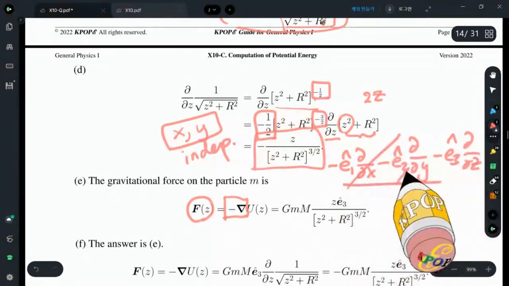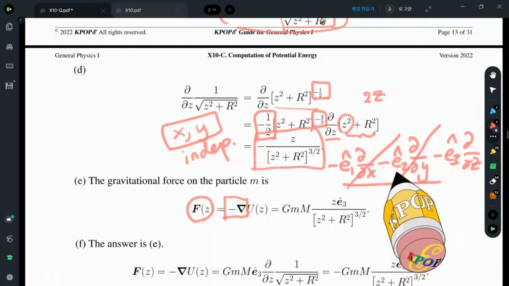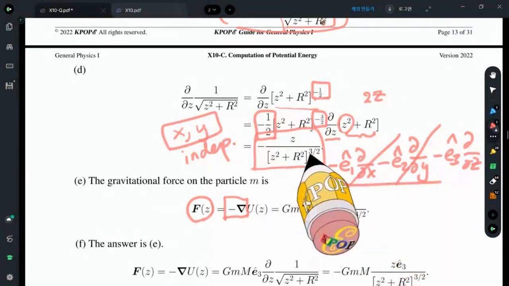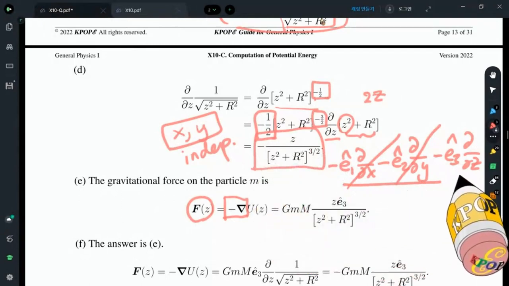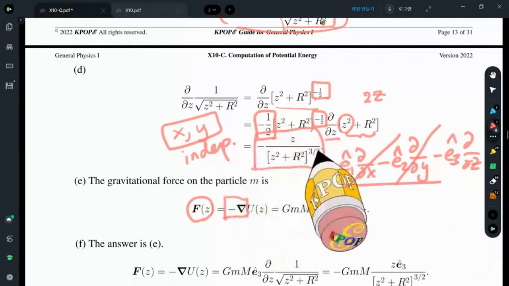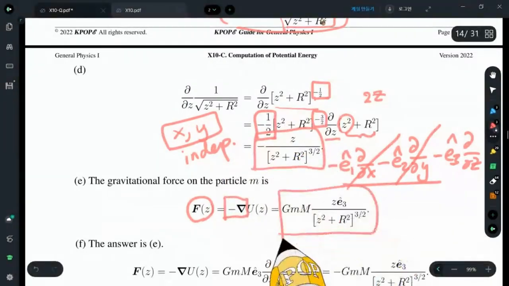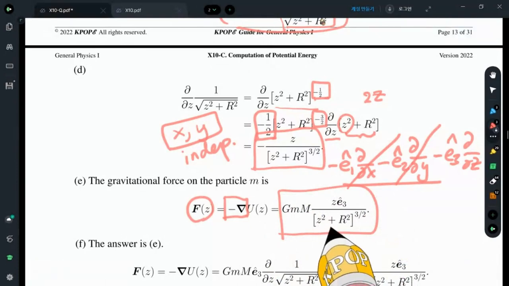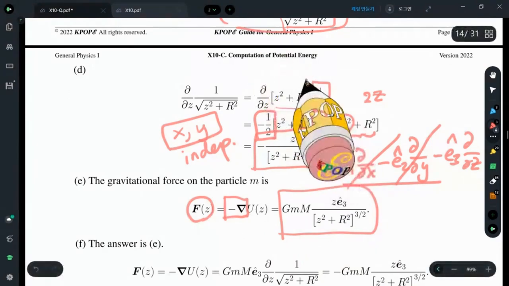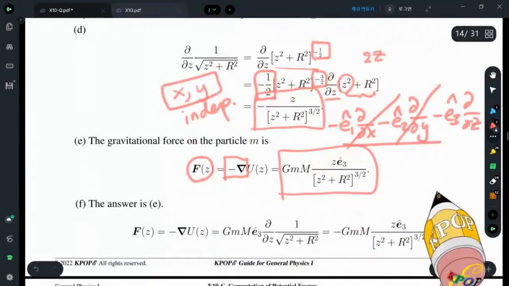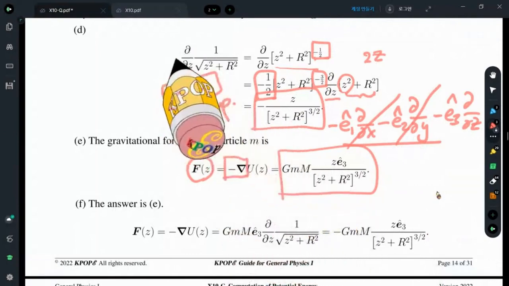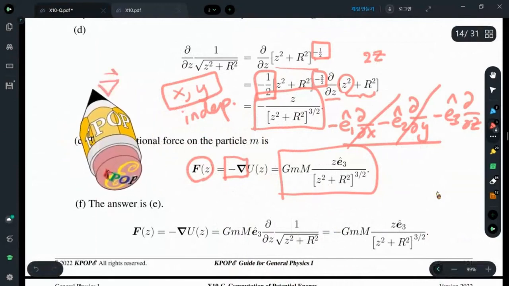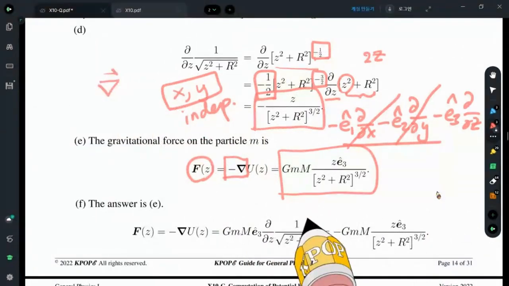However, these 2 contributions disappear exactly because this potential energy does not have any x and y. Therefore, I can make use of this formula only to find the gravitational force along this direction. However, this is just a gradient, and minus gradient is a different sign.